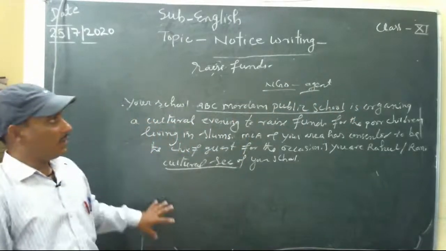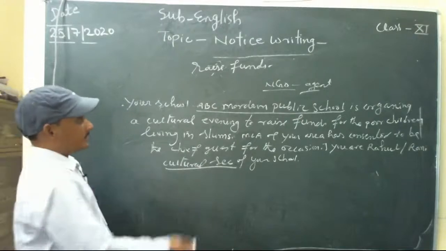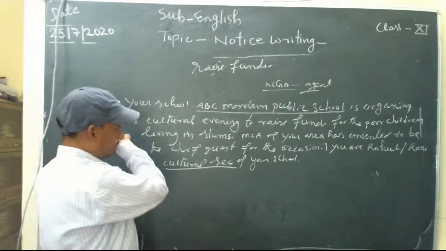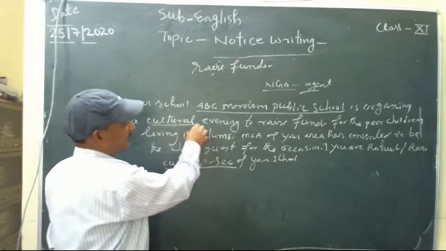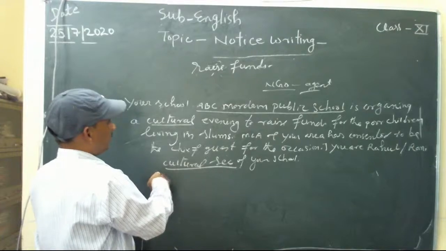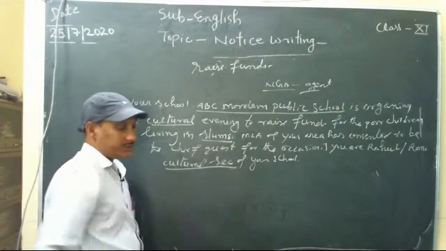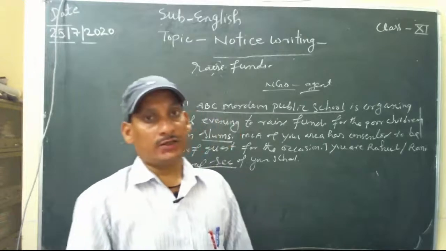Okay, and now, what is the motive of conducting this cultural evening? To raise funds for the poor children living in the slums. Slums are actually the areas which are at the outskirts of the city.